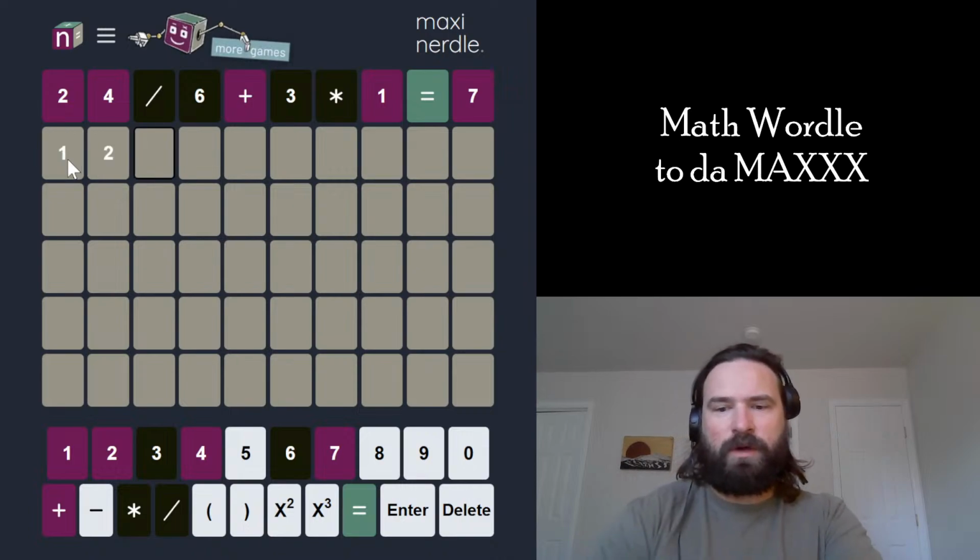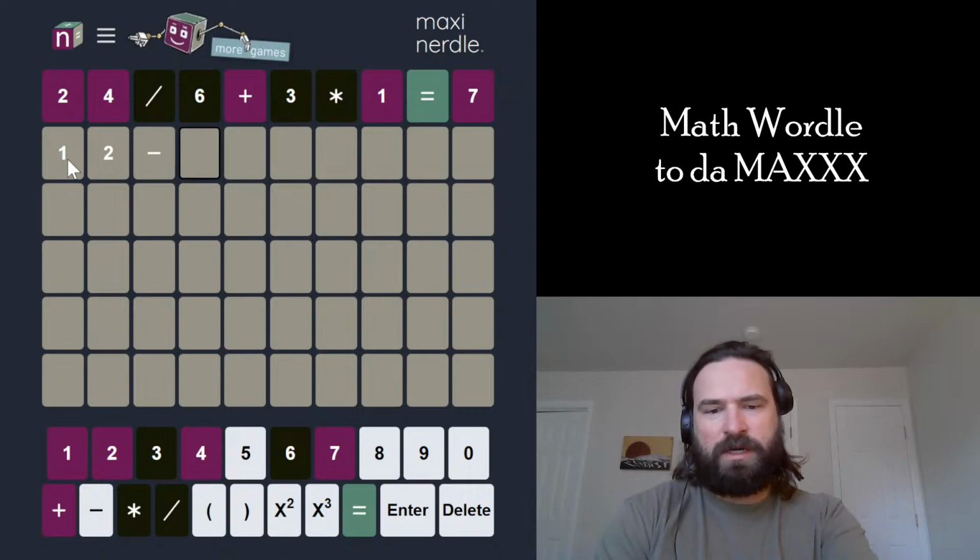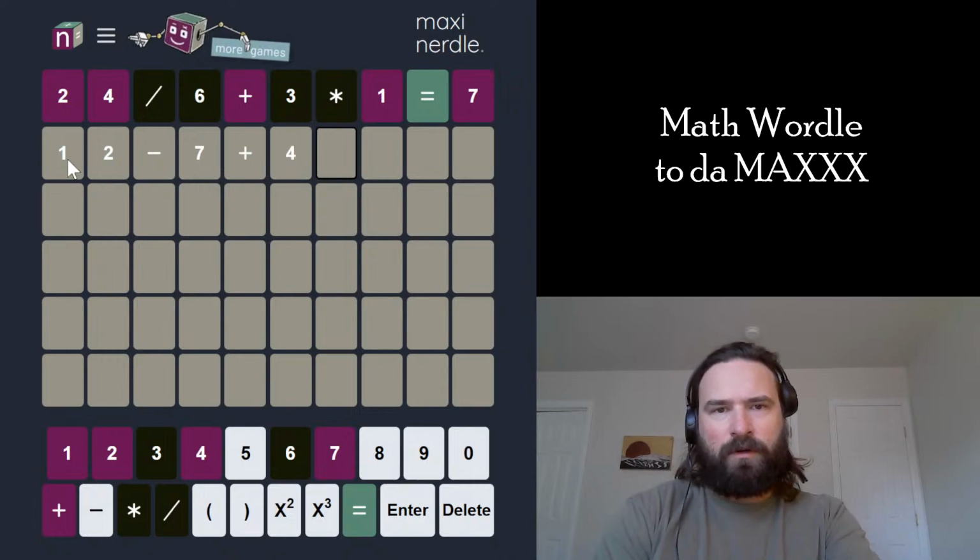So I can start with 12 and subtract. Just do single digit numbers and just kind of use all the numbers we have. So let's start with all the numbers we have, I guess. I'll subtract 7 because that's a bigger number. Plus 4. So what are we at now? I subtracted 3, so we're at 9. So then I could do minus 9 equals 0.